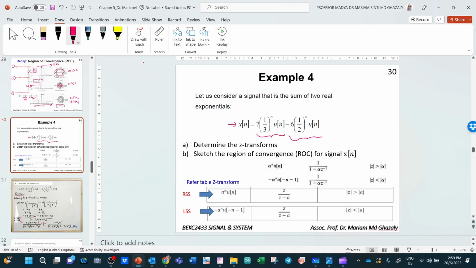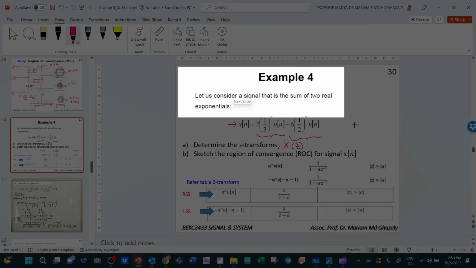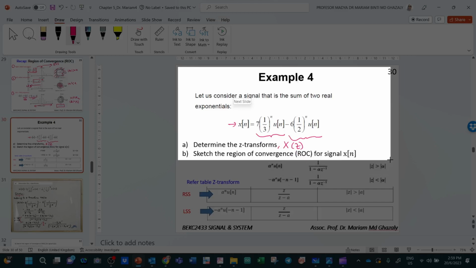The question is to determine the Z transform, so what is X(z)? And from there, sketch the region of convergence for the signal x[n], so get what is the ROC. Let's look at how you are going to answer this example.